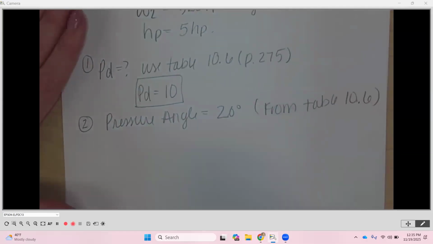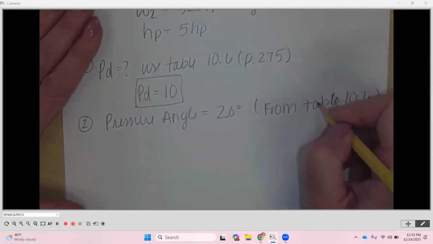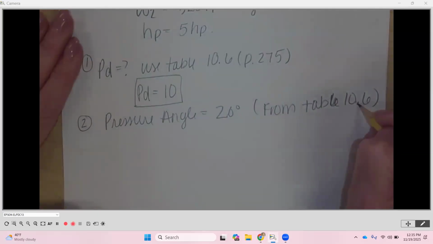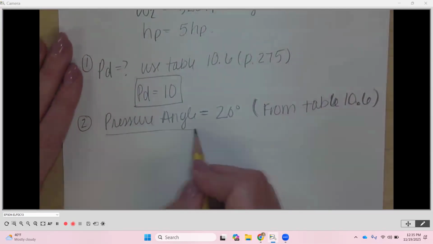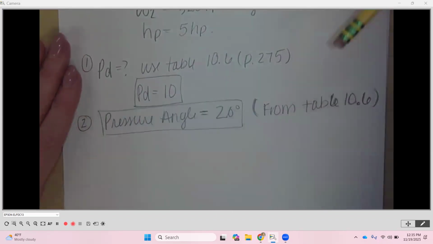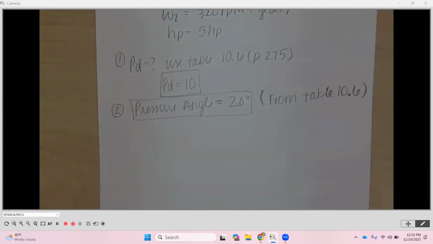If table 10.6 was saying that it was a 25-degree pressure angle, then we would have to do that. But it's a 20-degree pressure angle. Okay, so we can put a box around this if you would, and that's just from that same table.